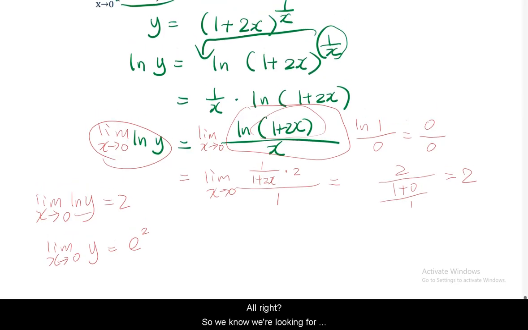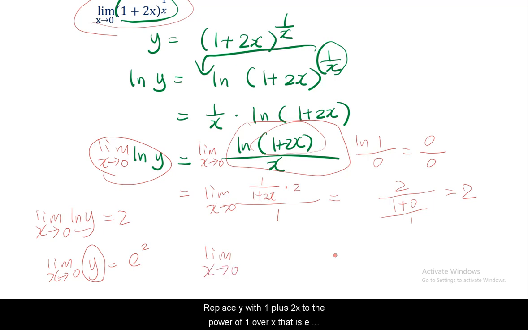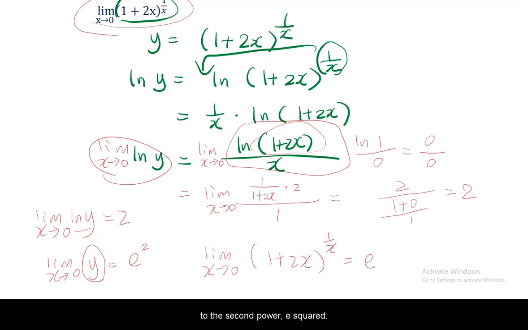All right, so we know we're looking for the limit of (1 plus 2x) to the power of 1 over x. That is y. So basically, that is the answer to this limit. Replace y with (1 plus 2x) to the power of 1 over x. That is e to the second power, e squared.